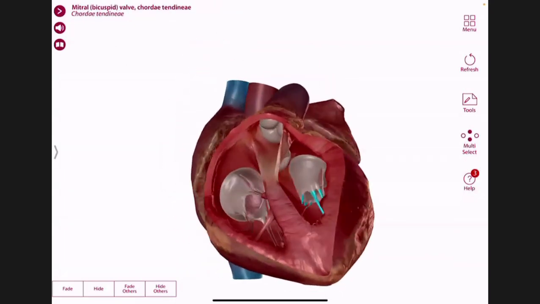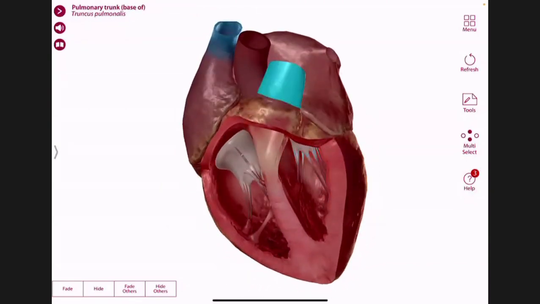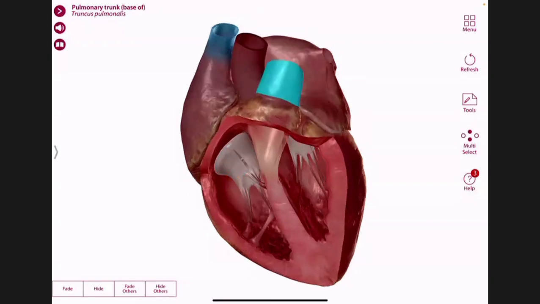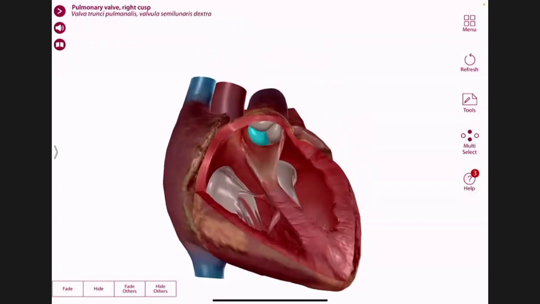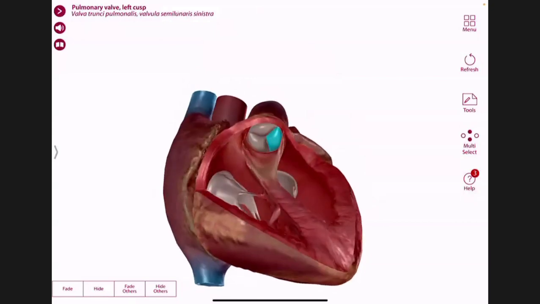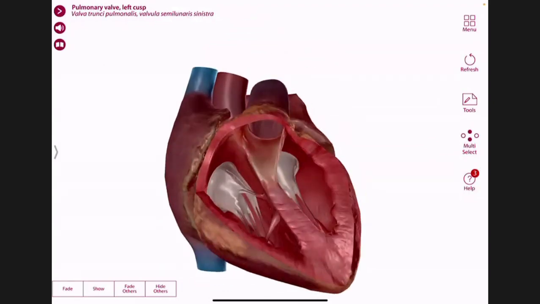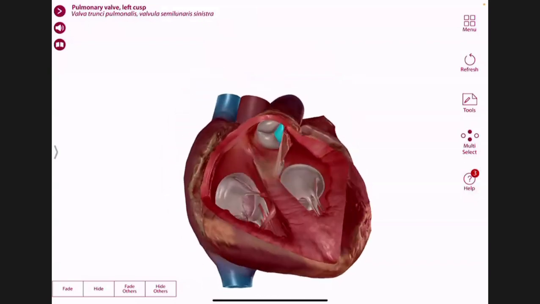Okay, semilunar valves, can you see here? See, this is the pulmonary artery. The opening of the pulmonary artery is guarded by semilunar valves. How many semilunar valves? Three. See, if we remove it, it is the opening. The opening is guarded by valves.